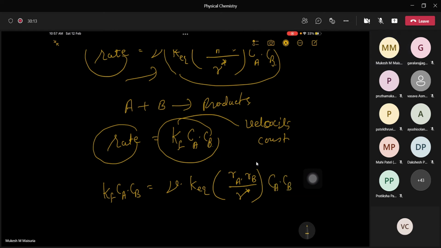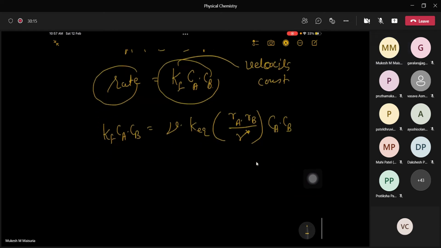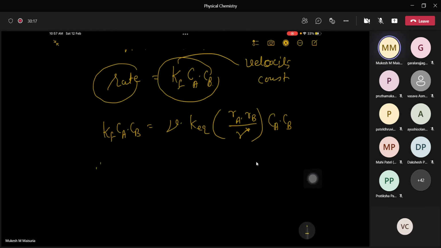So this Kf will be equal to nu K equilibrium gamma A, gamma B, gamma star. Understand?